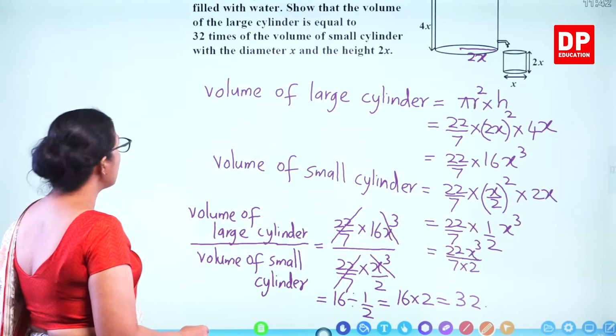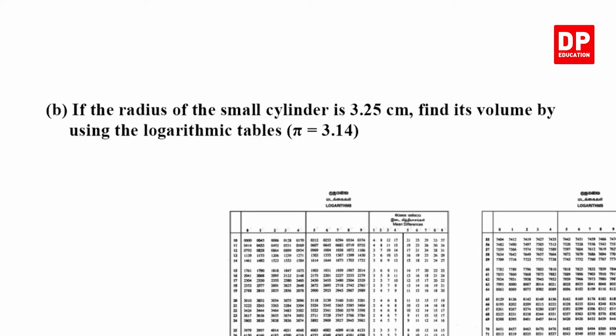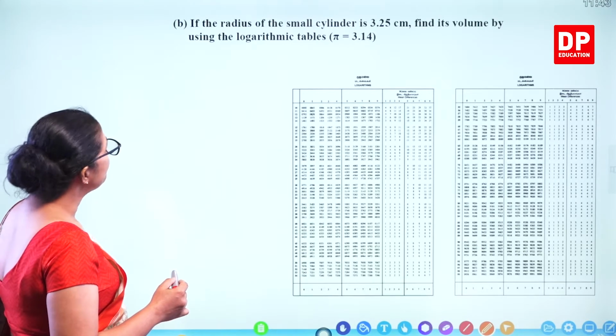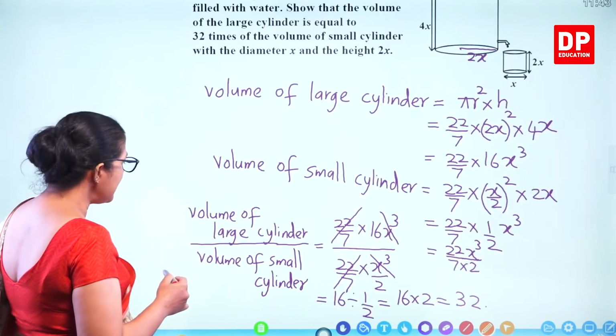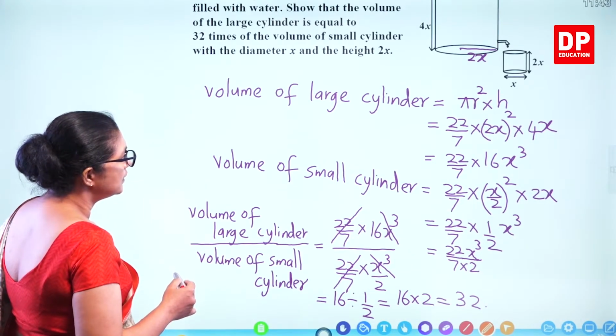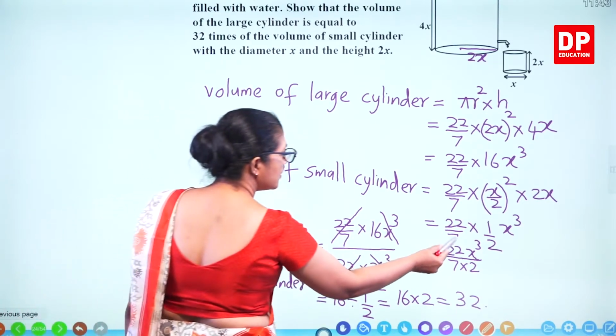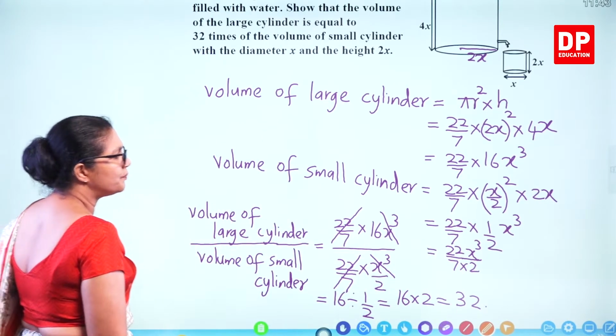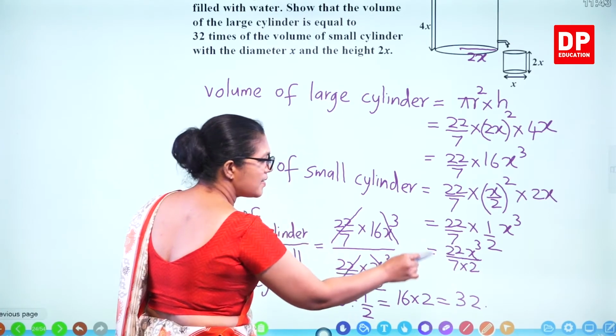And we'll take the second one. If the radius of the small cylinder is 3.25, find its volume by using the logarithmic tables. So what's the volume of the smaller cylinder? This one. 22, here you can simplify.